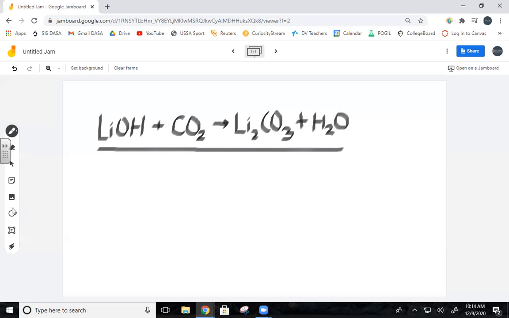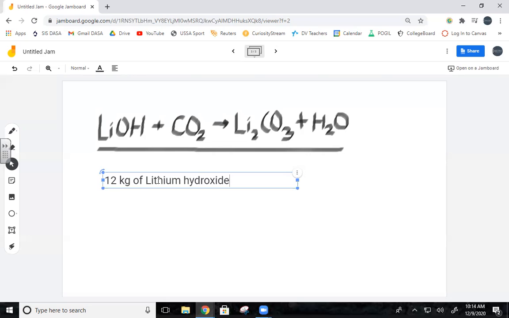So let's say that we have in this reaction 12 kilograms of lithium hydroxide, and we have 48 kilograms of carbon dioxide.